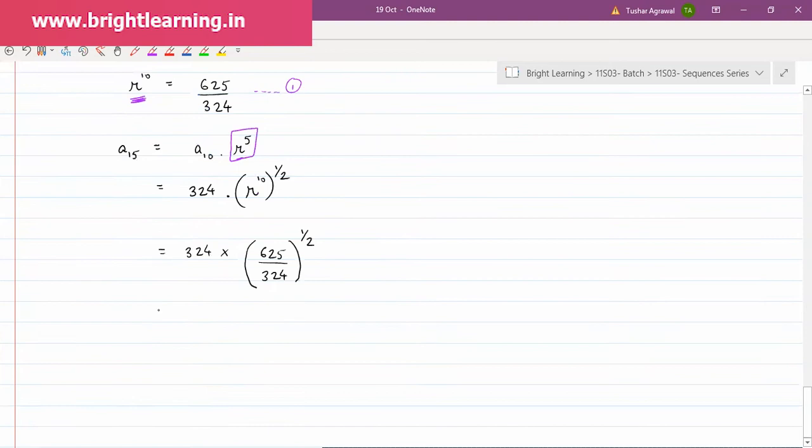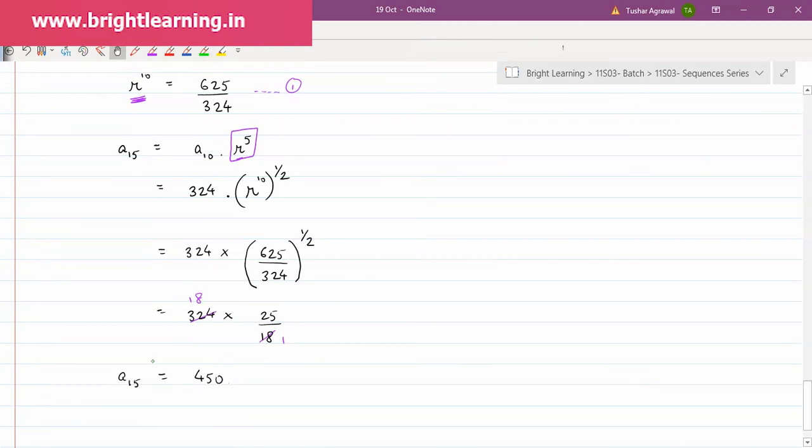So this is 324 multiplied by the square root of 625 upon 324, which is 25 upon 18. So 18 ones are 18, and 25 into 18 turns out to be equal to 450.